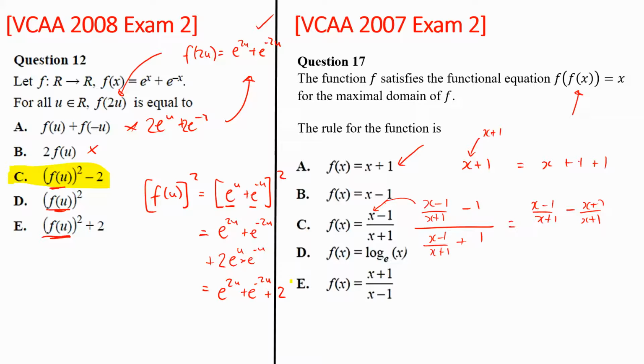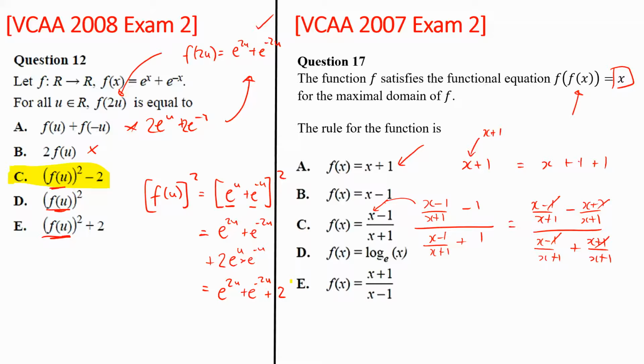Keep the same denominators, and it's the same thing on this one. You could have x minus 1 on x plus 1 plus x plus 1 on x plus 1. And you can cancel that out and play around. So the denominators will cancel out, and then you can solve from there. Then you can test the two, to see if they're both equal to what we want, which is x.